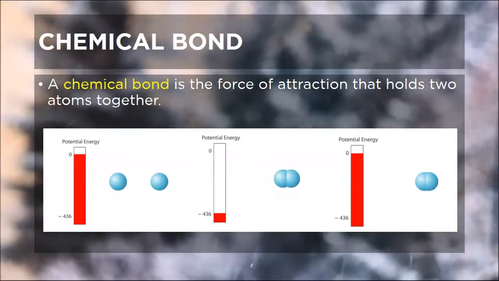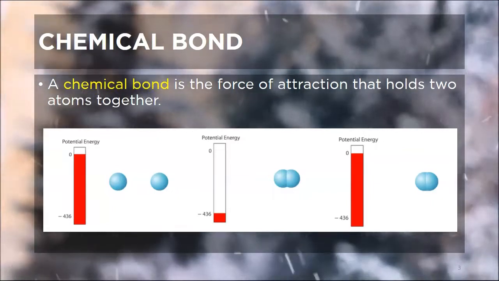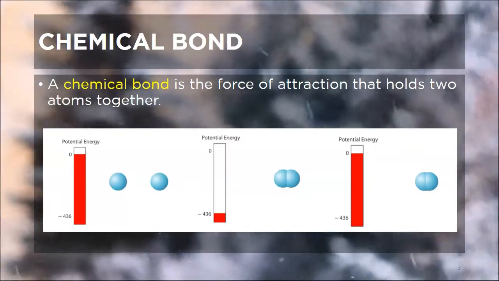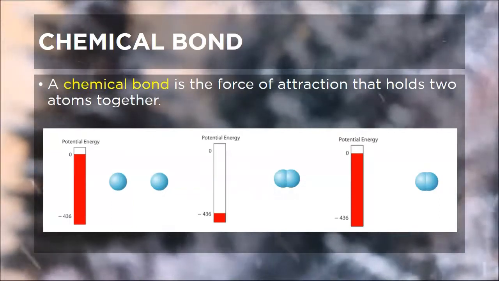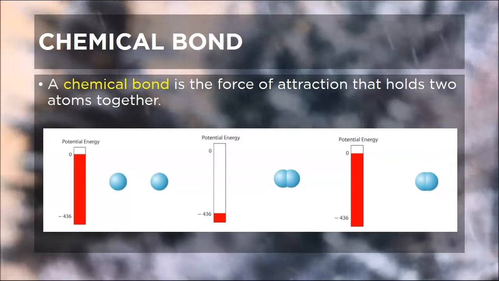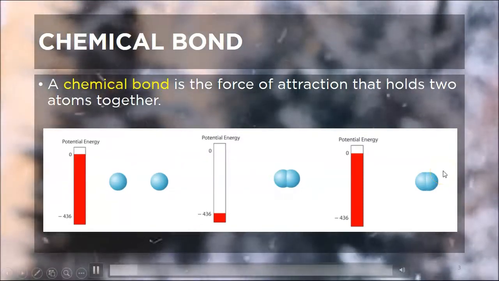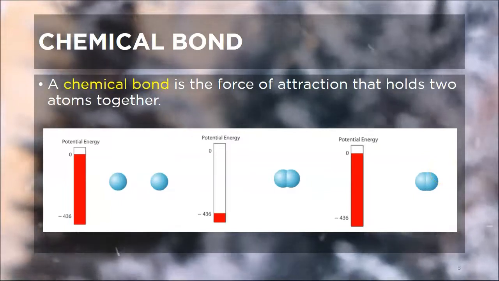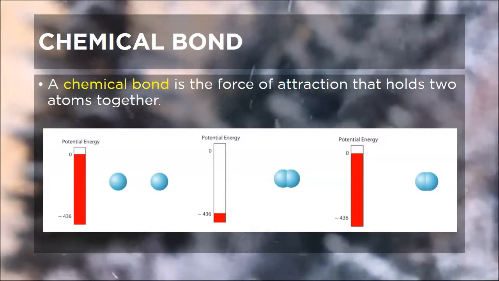So another way you might look at this is a spring. If I'm stretching a spring out really far, it's going to pull back towards its original position. And then if I go beyond its original position, like over here to the right, I'm pushing the spring in too far, and now that potential energy goes back up, and it wants to go back out.